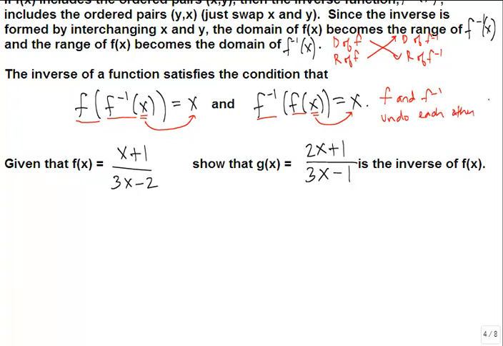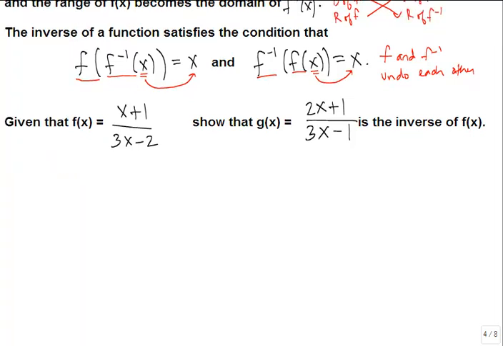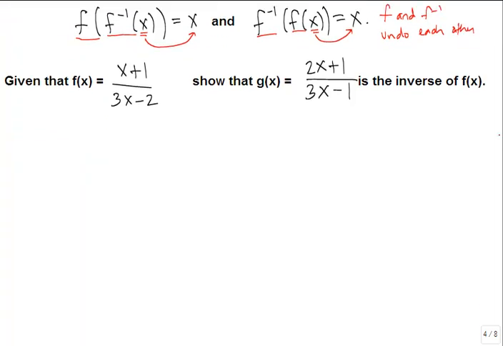So occasionally, you will be asked to prove that two functions are inverses of each other. If you look at these two functions, f and g, it wouldn't be very obvious that they are inverses of each other. So what we would want to show is that when I compose these two functions together, I do get back x.